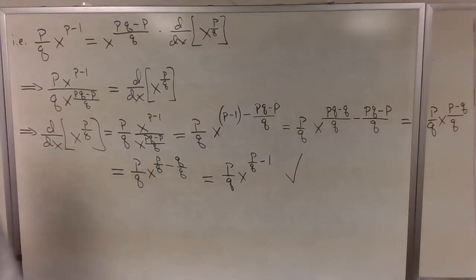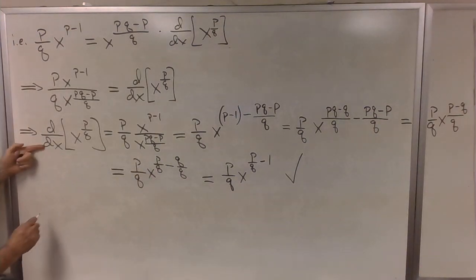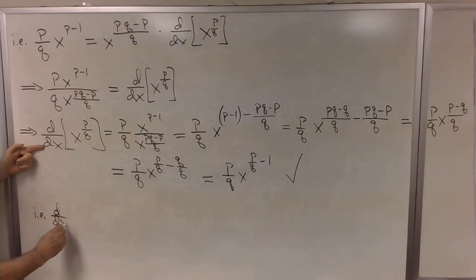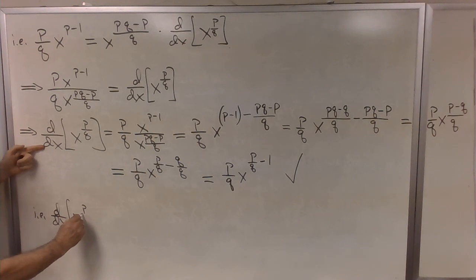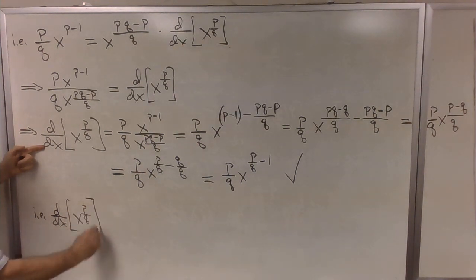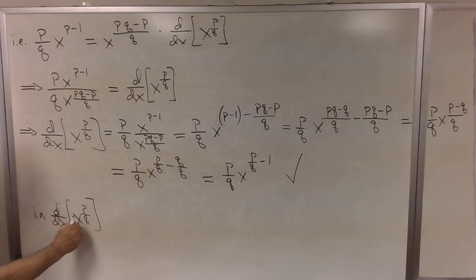So let me just summarize. We started here. The derivative of x to the p over q, where p and q are both integers, q non-zero. Oh, shoot.